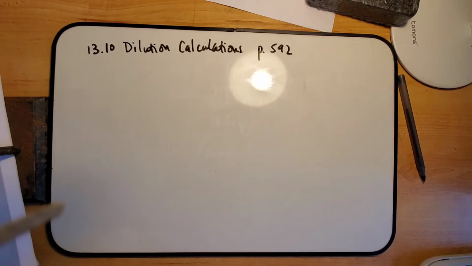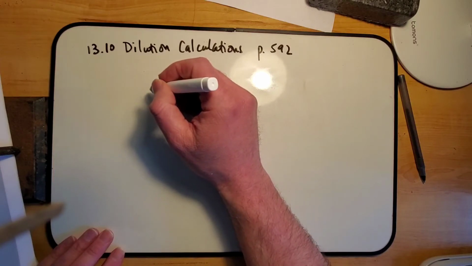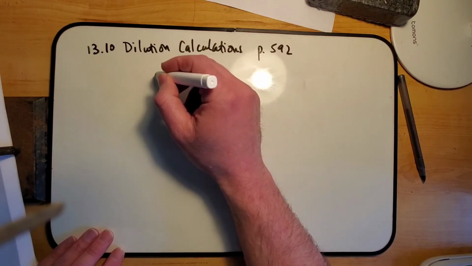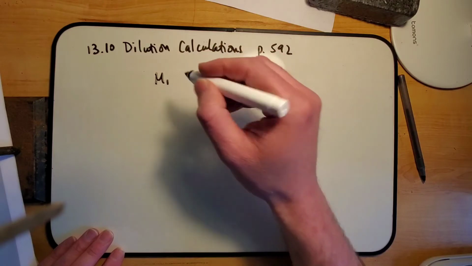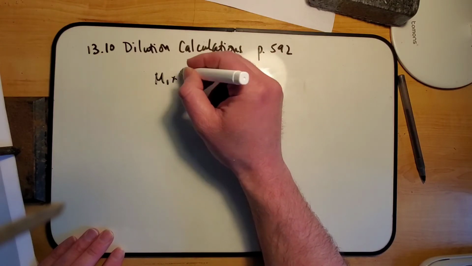So the very easy way to explain it, and I'm going to draw as best as I can, of course, but I will be able to convey the concepts to you here. The formula that you can see in the textbook on page 592 says the following: if you want to dilute something that is more concentrated, it's called a stock solution.